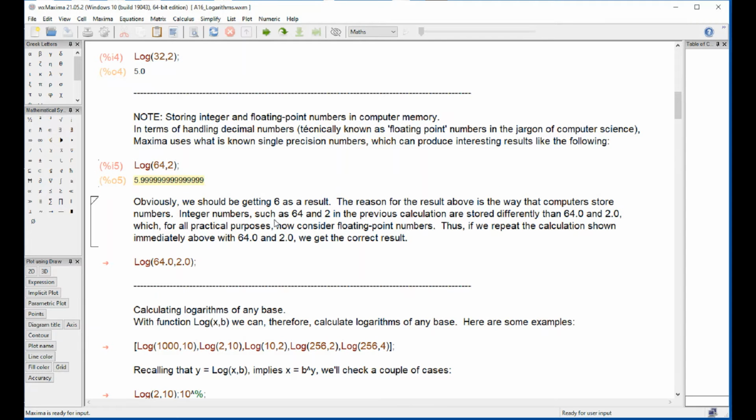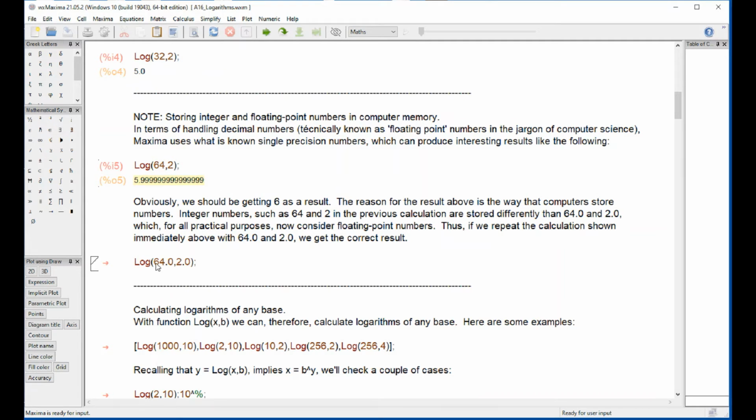The logarithm of 64 over 2 should be 6, but in reality it comes out to be 5.99999. We know that in the end 5.999999 is equal to 6. But the reason is that here you have an integer 64 and an integer 2, and somewhere in the calculation the integer is stored in a certain way that when you get the logarithm it gives you 5.99.